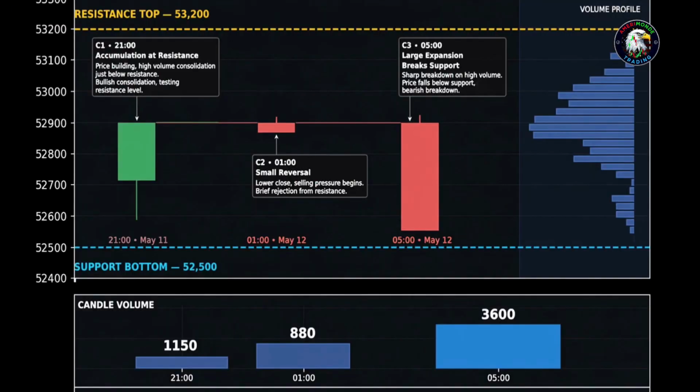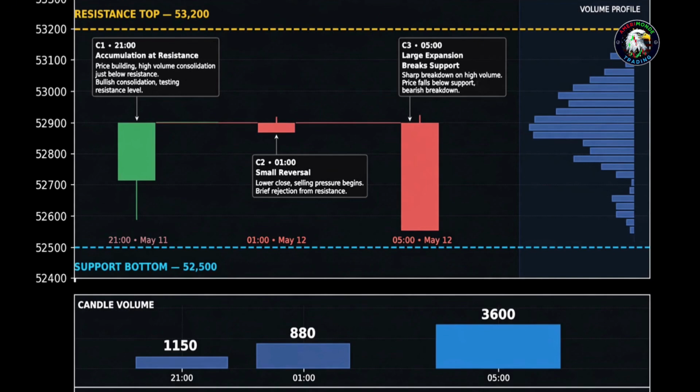Now, let me show you my real edge, combining both concepts. Support and resistance tells you where to trade. My 4H profiling tells you when to trade. Look at my notes. C1 at 21 o'clock, accumulation at resistance, price building below resistance with high volume. C2 at 1 o'clock, small reversal, small red candle, manipulation, stop hunt.